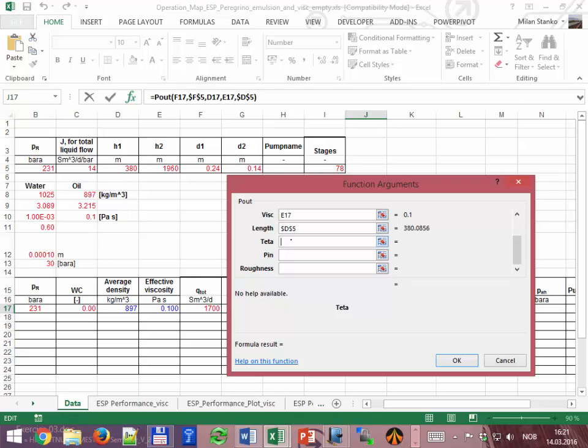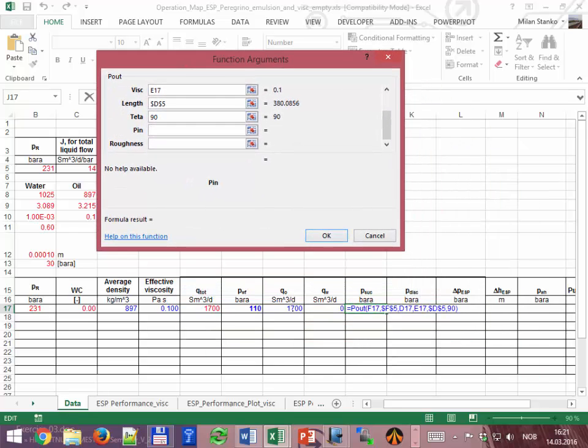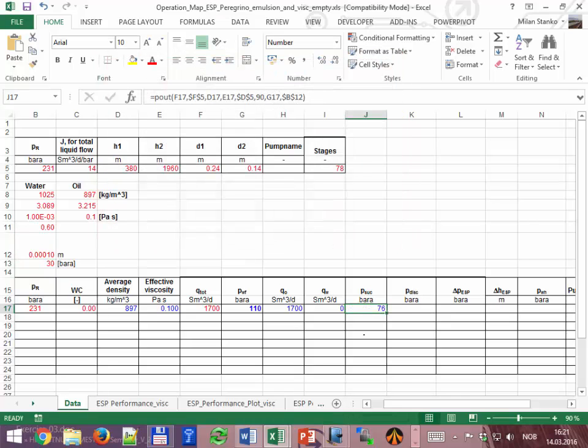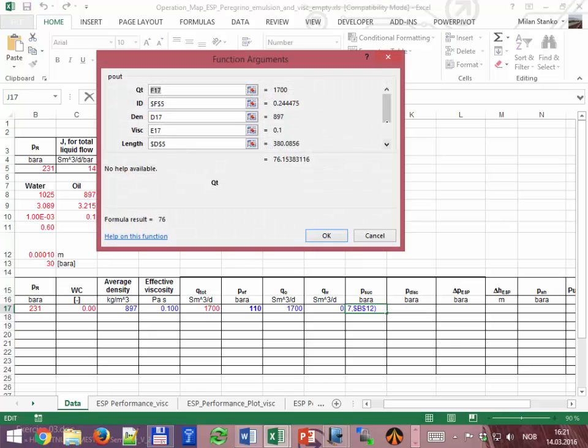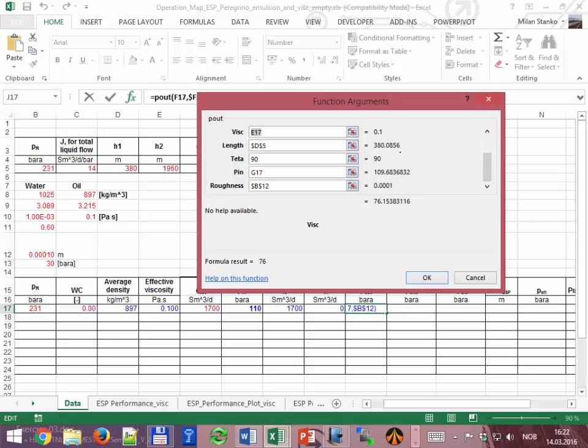That's all explained in the description of the function. So it's 90. Then P in, that's the flowing bottom hole pressure, and roughness is this value here, and that gives me 76. Anybody's quality controlling my work? Because if I were you, I wouldn't trust me so much that I'm doing things properly.